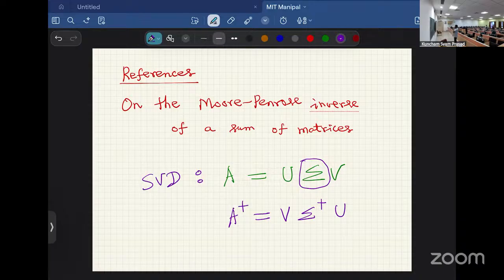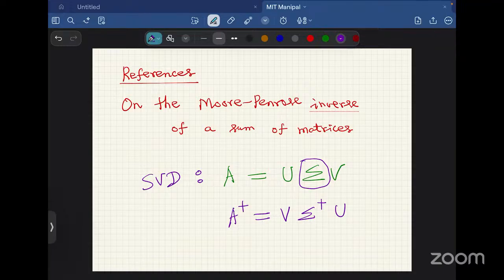But the singular values need not be inverses of each other. Although as a matrix the Moore-Penrose inverse holds, these singular values need not be, for example, 1 by sigma 1. That need not be the case, right? That will be the case, sir.